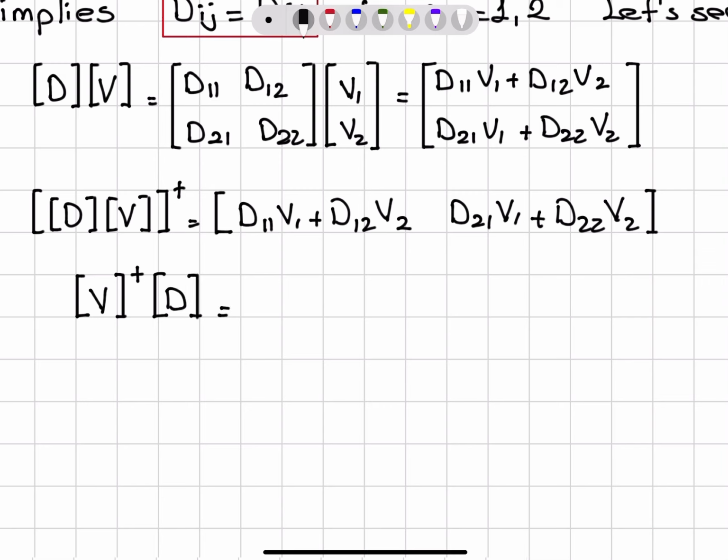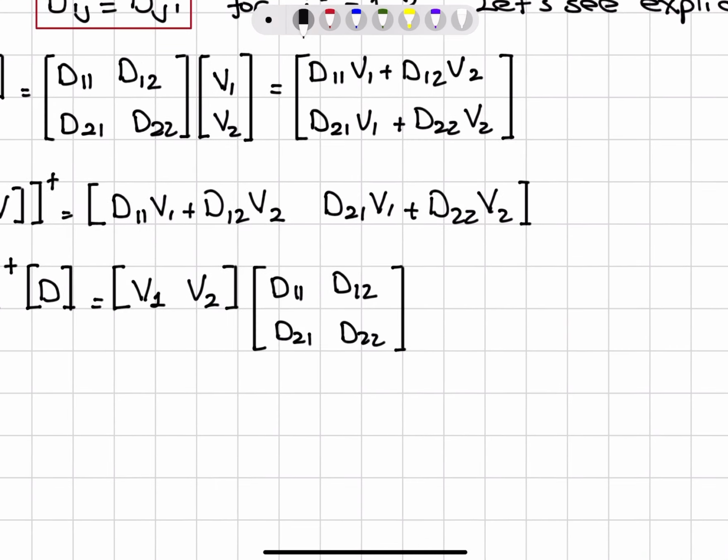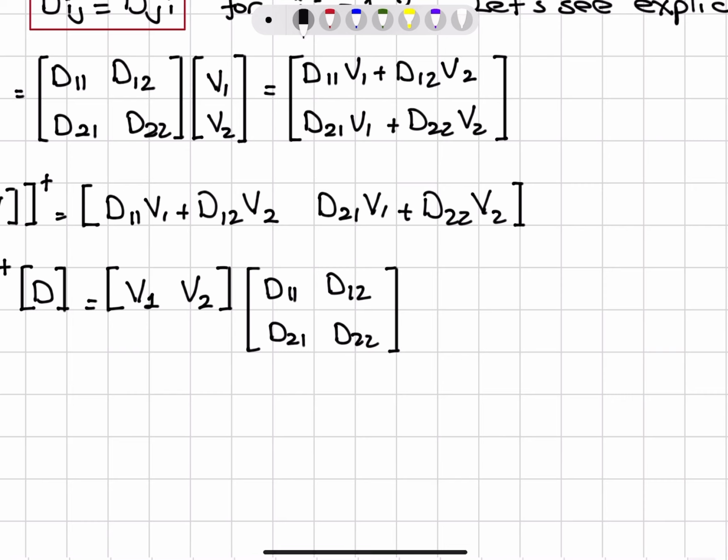This gives me V1, V2, a row matrix, multiplied by D11, D12, D21, D22, and that's going to give me a 1 by 2 multiplied by a 2 by 2, which gives a 1 by 2 matrix, a row matrix.